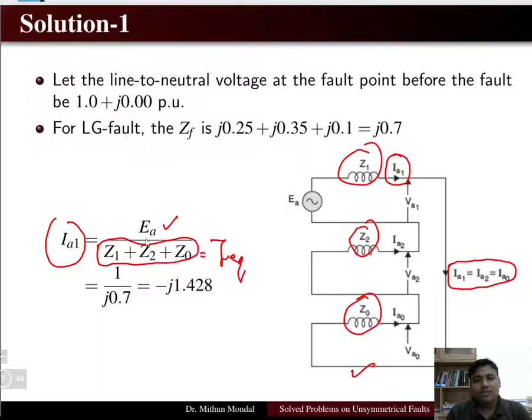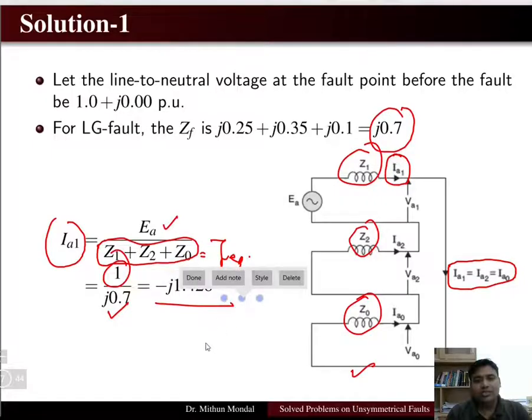We have seen that the pre-fault voltage we are taking as 1 per unit, and the total impedance we have calculated as J 0.7. So substituting that, we get a value of minus J 1.428. Now all this data is in per unit.